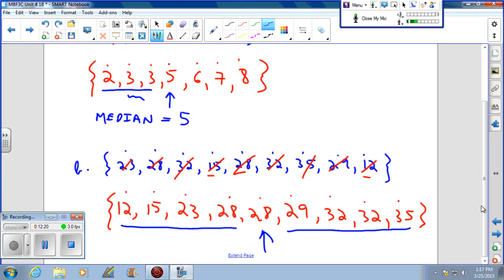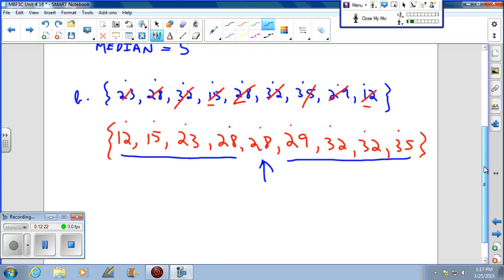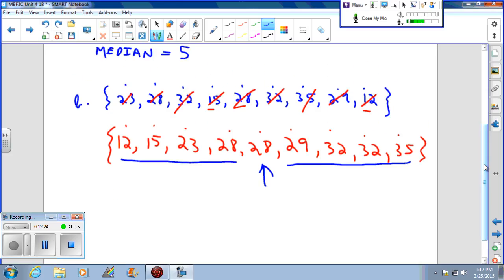I'm just going to extend the page here to get a little more room. So our median is 28. All right. And I think we can look at this part C here.